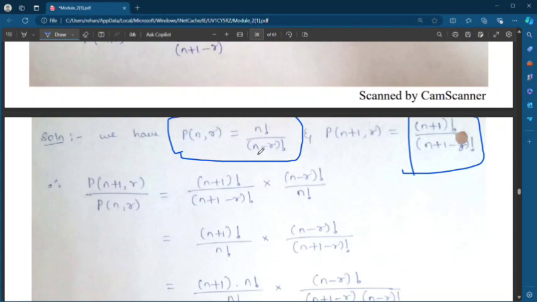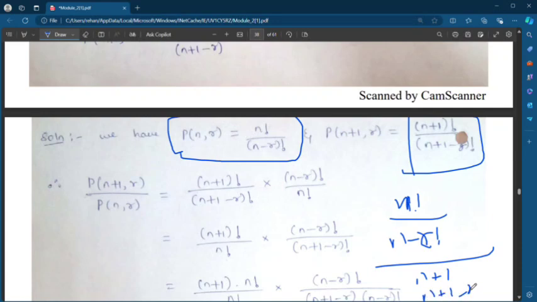See here, if I write this, this can be written as n factorial into 1 by this, and this can be written as (n plus 1) factorial into 1 by this. So it is being divided: n factorial divided by (n minus r) factorial. Again, here n plus 1 is there, and here n plus 1 minus r is there.